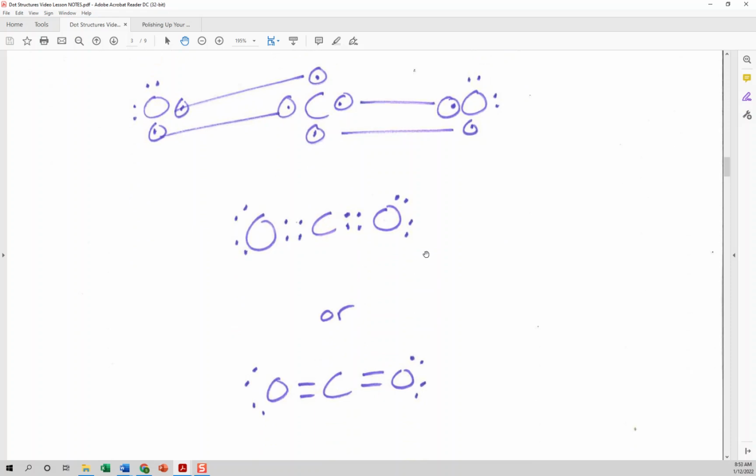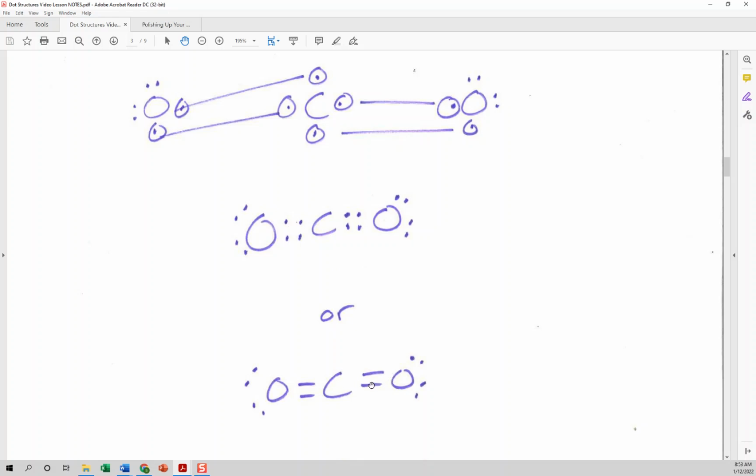You can draw it this way, and sometimes you might see it drawn that way. Just remember, if they're between 2 of the atoms, they are being shared. Now let's check the octet rule. Remember, if they're being shared, they count both ways.